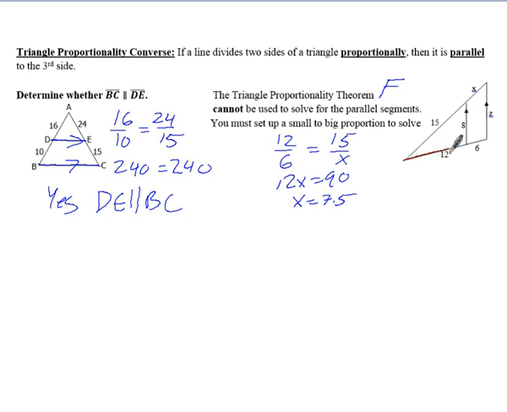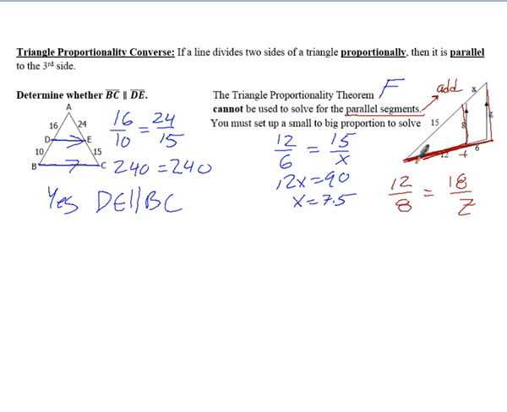So we're going to say 12 is to 8, and then we're going to go along the big side. So this big side here is 12 plus 6, 12 plus 6 is 18, is to z. Anytime you're going along the parallel segment, you're going to have to add two numbers together.